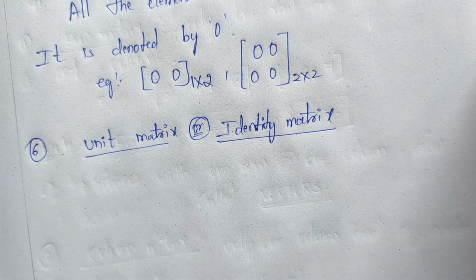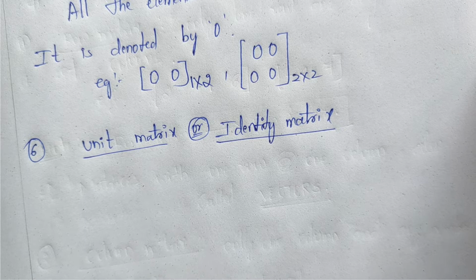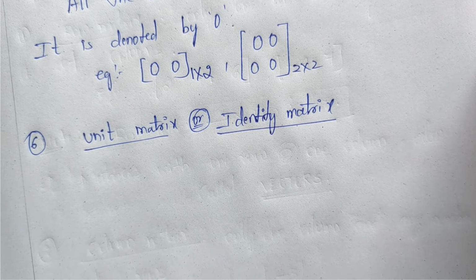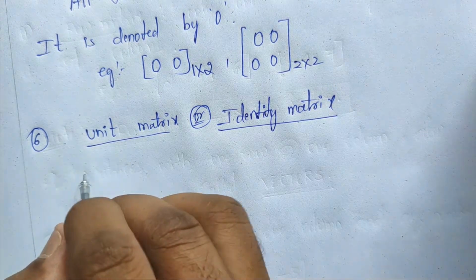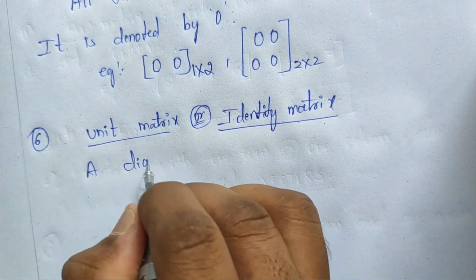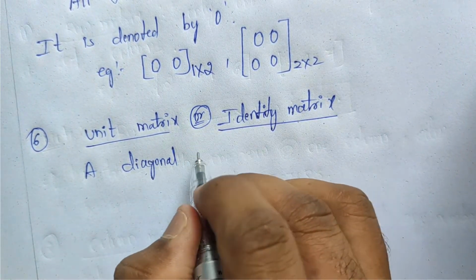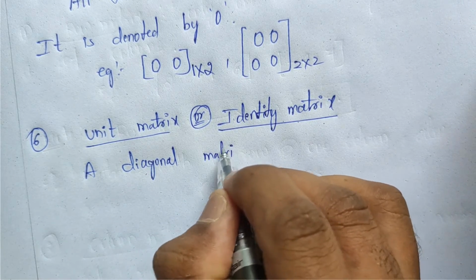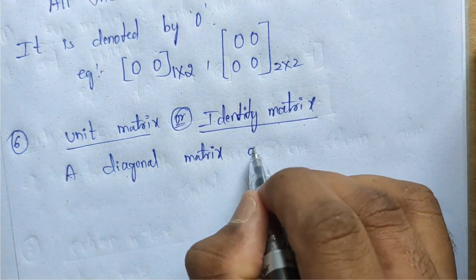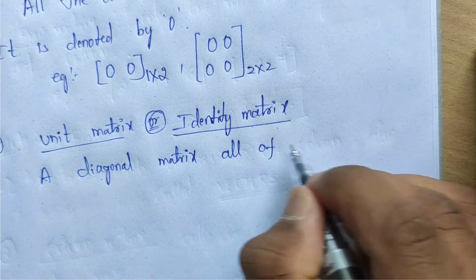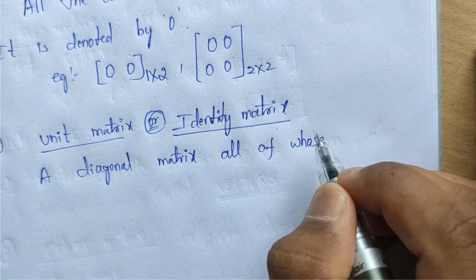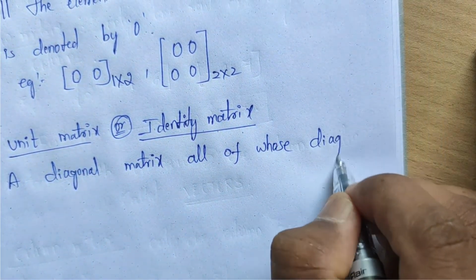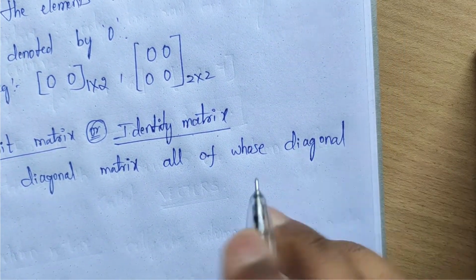A diagonal matrix all of whose diagonal elements are unity. Unity means 1.